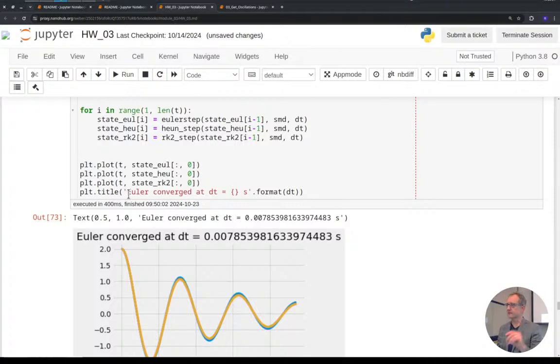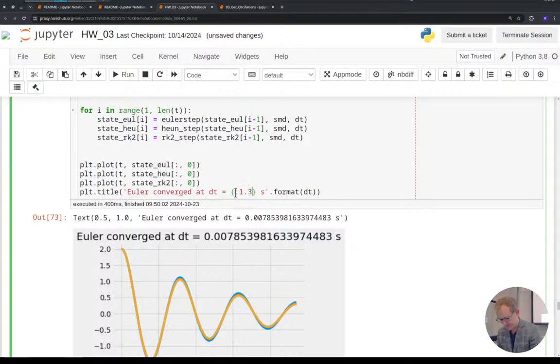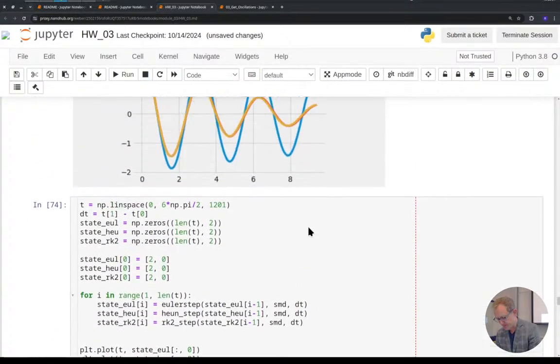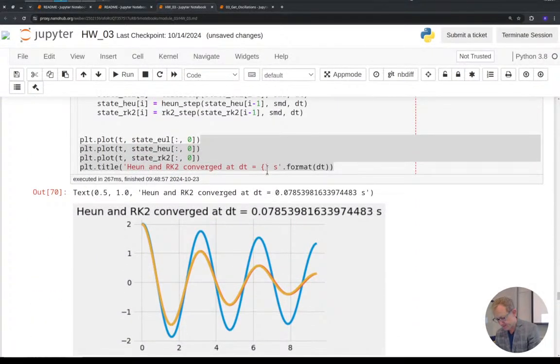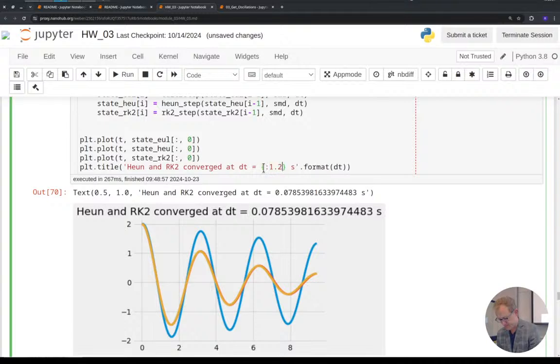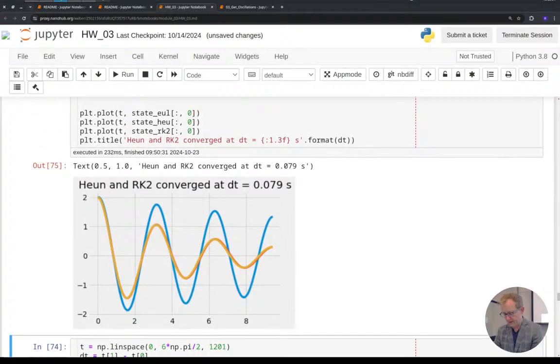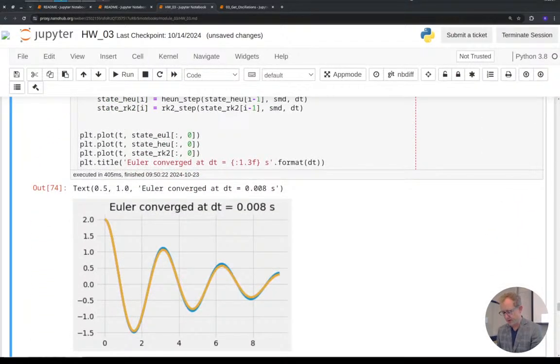If I'm trying to organize my results, there's too many floating point things here, so I'm just going to use 0.003. So now I've got 0.079 and then 0.008 are what I found.